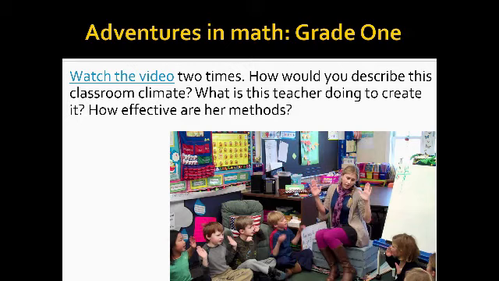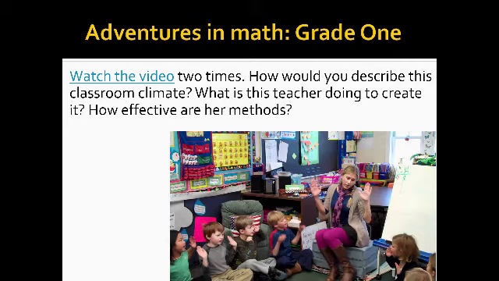that some of you used in your lessons. Instead of looking at the methods, try to pay attention to classroom climate this time. Now, you can't really crawl into these youngsters' heads and say, well, how do you feel about that? But I think you can get a sense of what that is. And I'd like you to do 3 things as you watch it.